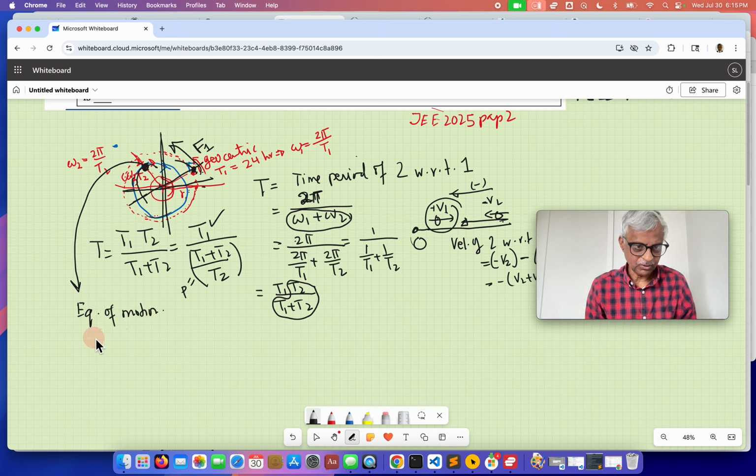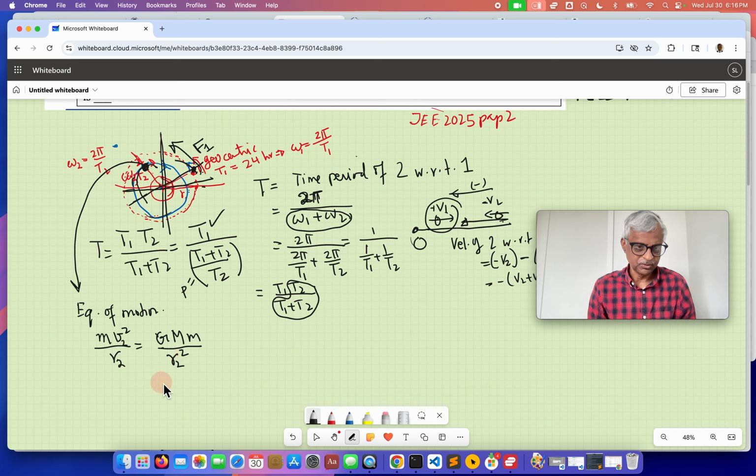The object is in a circular orbit, so mv² over r₂ equals Gm over r₂².